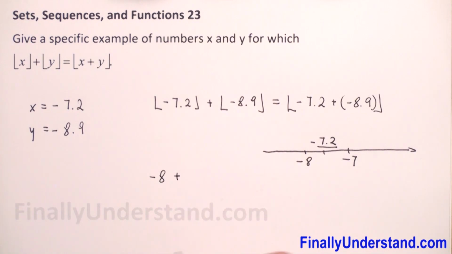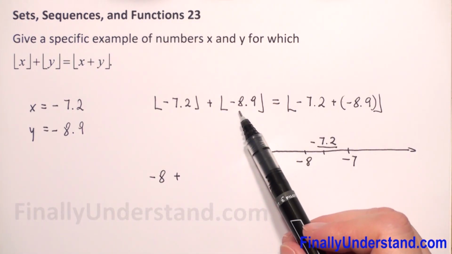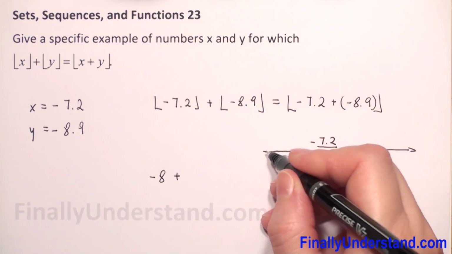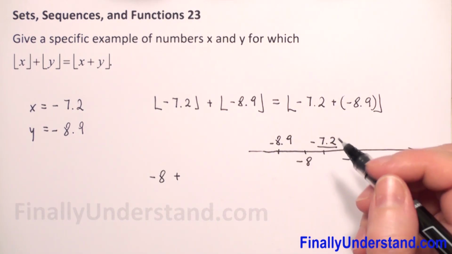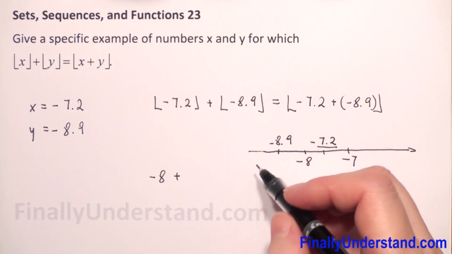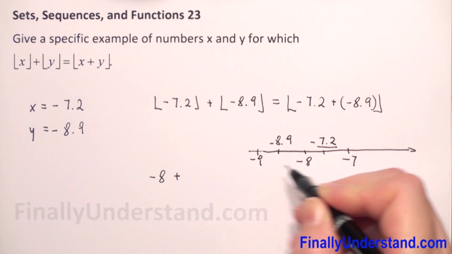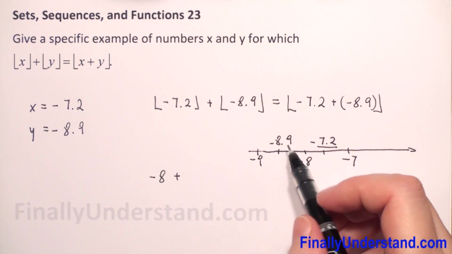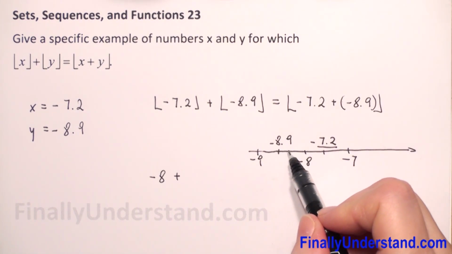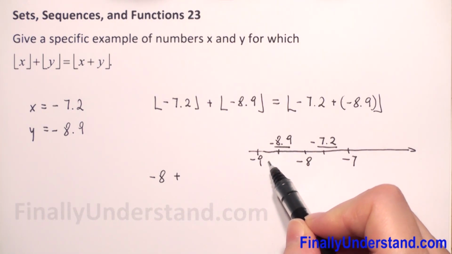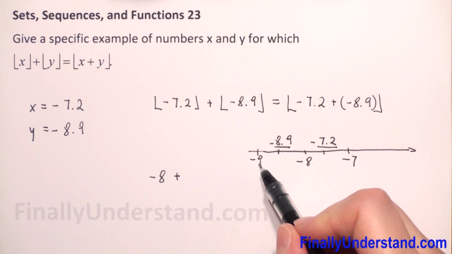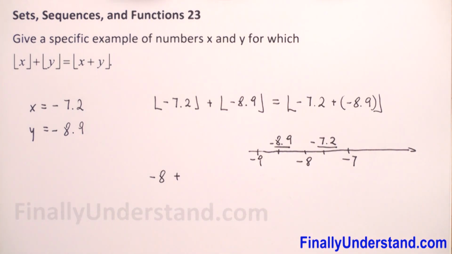We have plus. And now we have negative 8.9. Negative 8.9 is between integers negative 9 and negative 8. Again, when we have to find the floor, we look to the left side of our number. On the left side, the largest integer is negative 9.